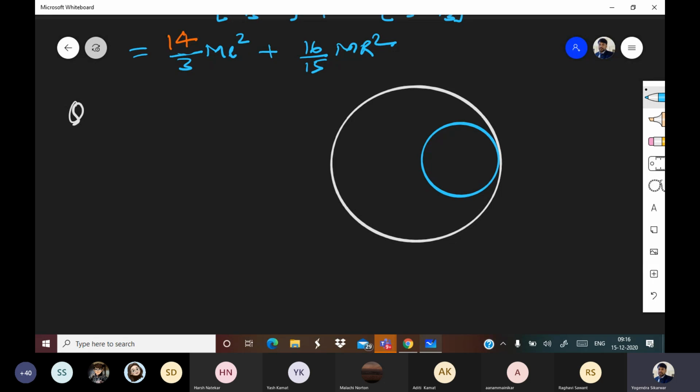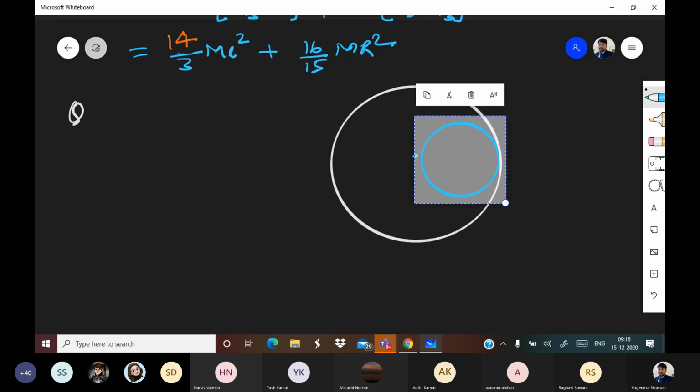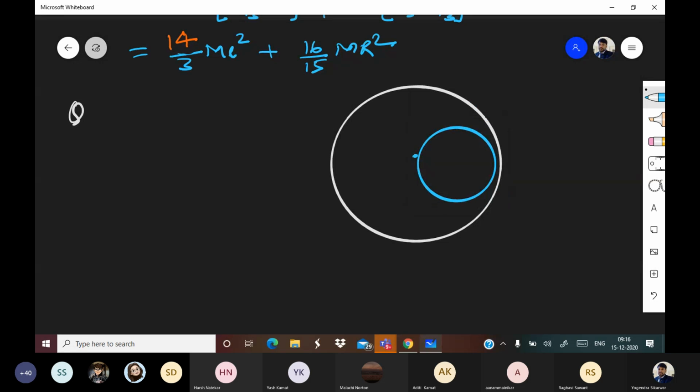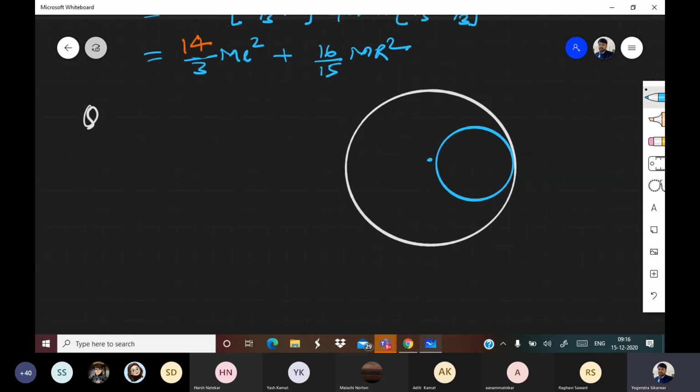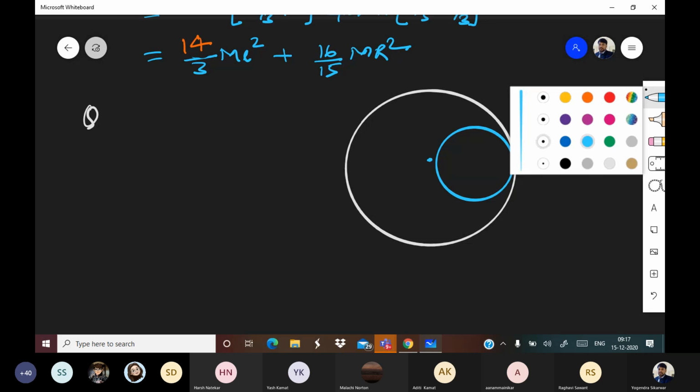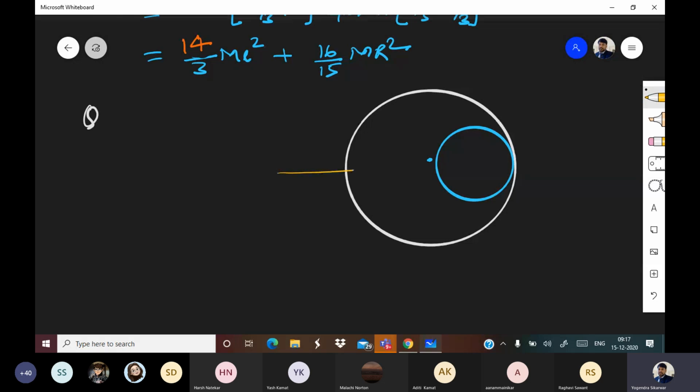So basically, this is a solid sphere. Let it be. So this is a solid sphere, and it is in such a way that this is x-axis, this is y-axis, and this is touching.